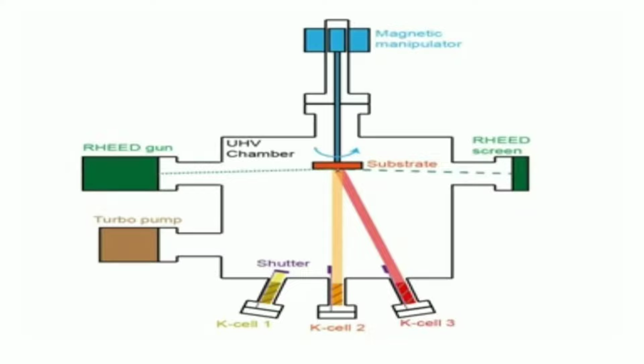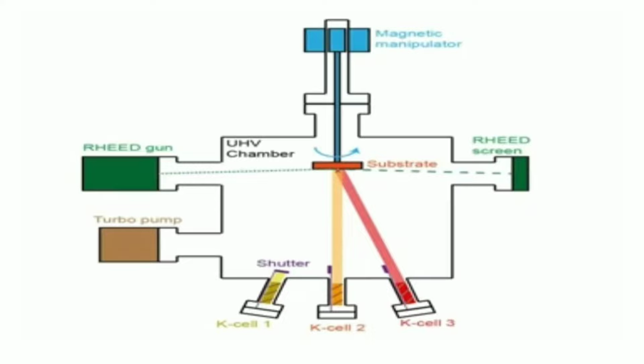We have three effusion cells here, and this apparatus must be brought to a very high vacuum state. For that we have a turbo pump over here, and this turbo pump starts rotating and high vacuum is created inside the apparatus.